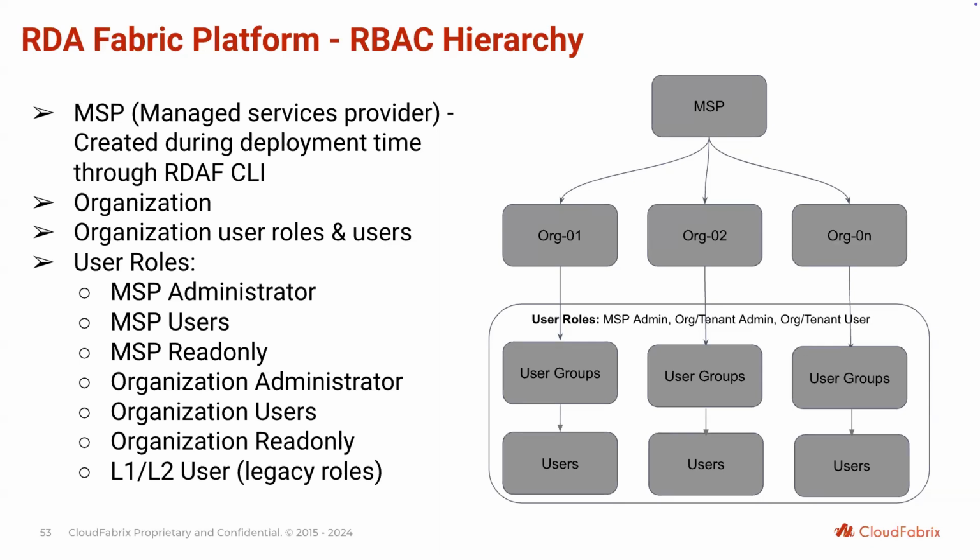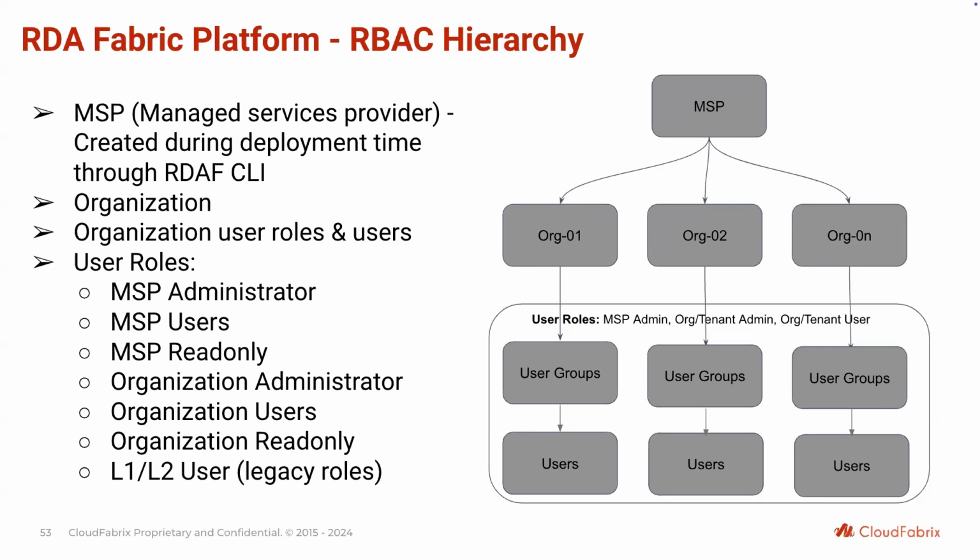Under these organizations, you have the corresponding user groups. User groups are attached to user roles, either as MSP admins, organization or tenant admins, organization or tenant users, or MSP users. MSP users will have complete visibility across the organizations.